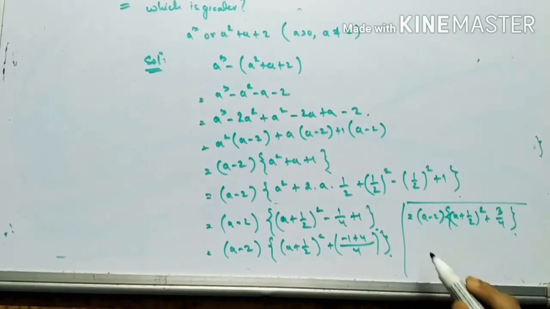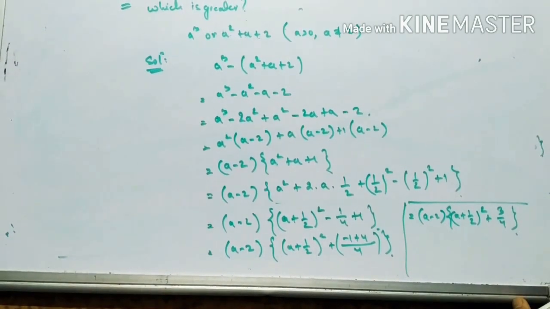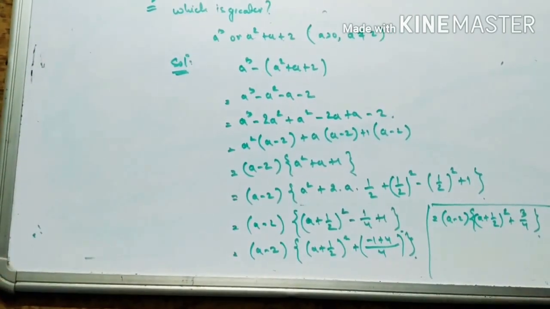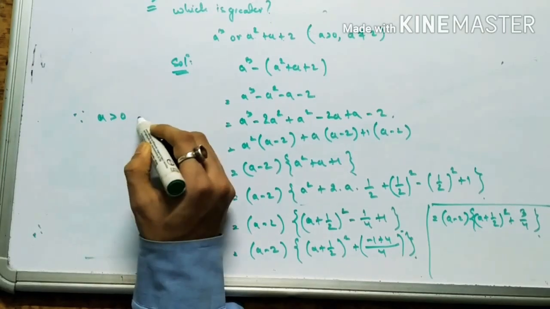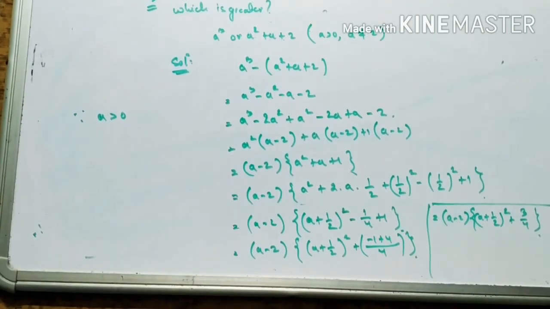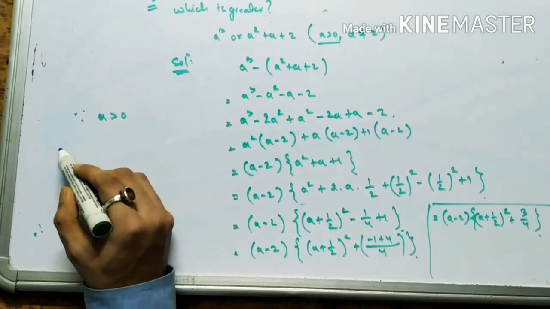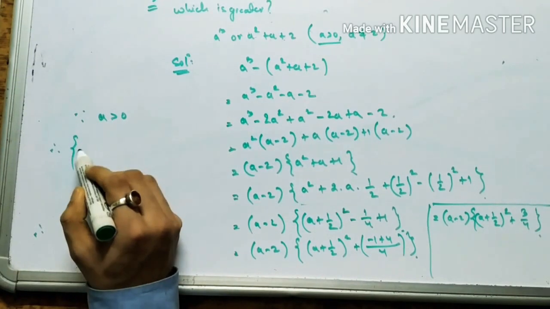Now in here, I will write since a is greater than 0. Since a greater than 0 is already given, therefore this part will be positive.